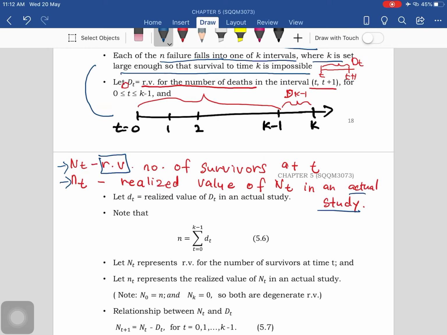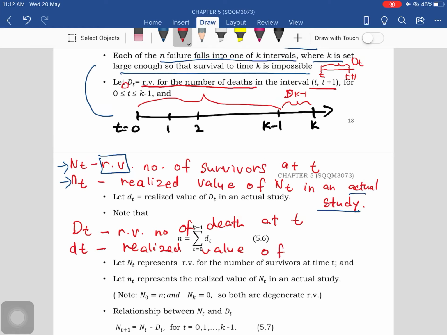And then DT also. DT is also the random variable, the number of deaths at t, and small dt is the realized value of DT in an actual study.